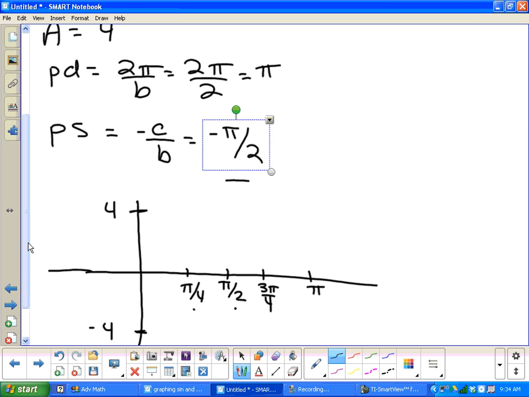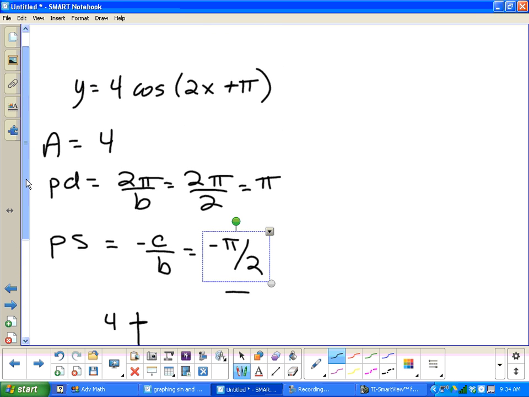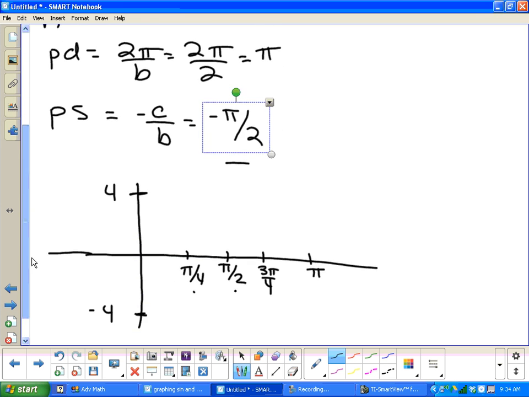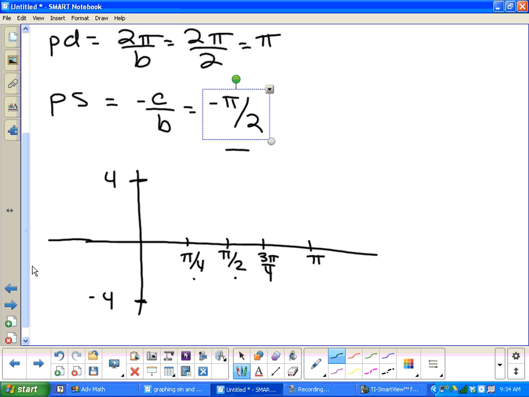So normally with cosine, this was cosine, right? Where would we start off without the phase shift? We would start up at 4, right? We'd start right here, wouldn't we? But we're not, because we're shifting it over to the left. So where are we going to actually start from? Negative pi over 2. Okay. Now, let's see, where's that going to be, negative pi over 2? Well, where would this one be?